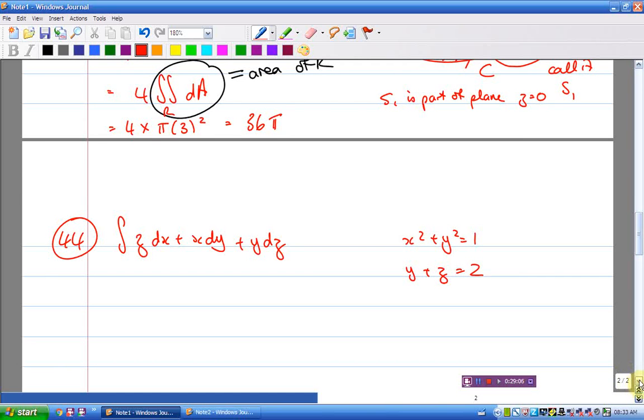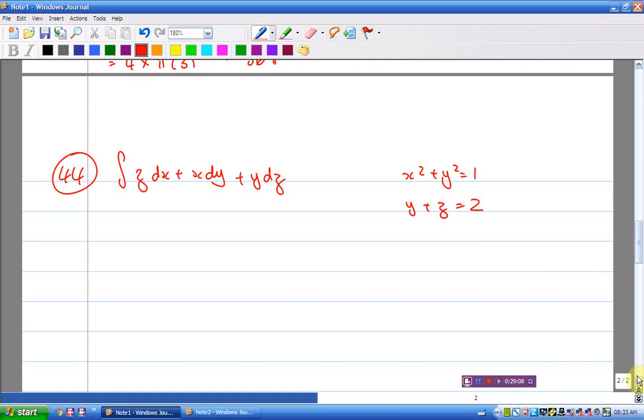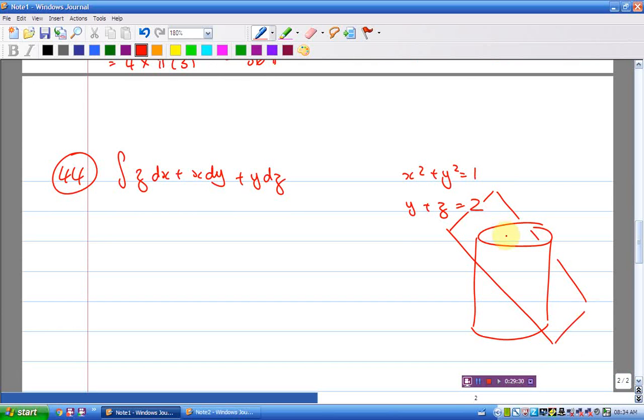Okay. So we haven't actually been given a surface really, I suppose, actually no we have. So we've got a cylinder, okay, we're going to slice it through with this plane, y plus z equals 2. Okay, and we're going to get our curve of intersection, which will be something like this.